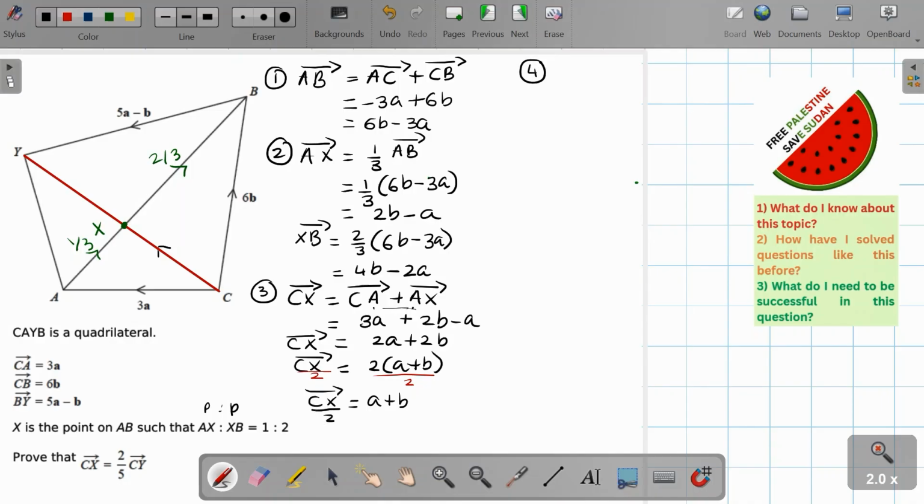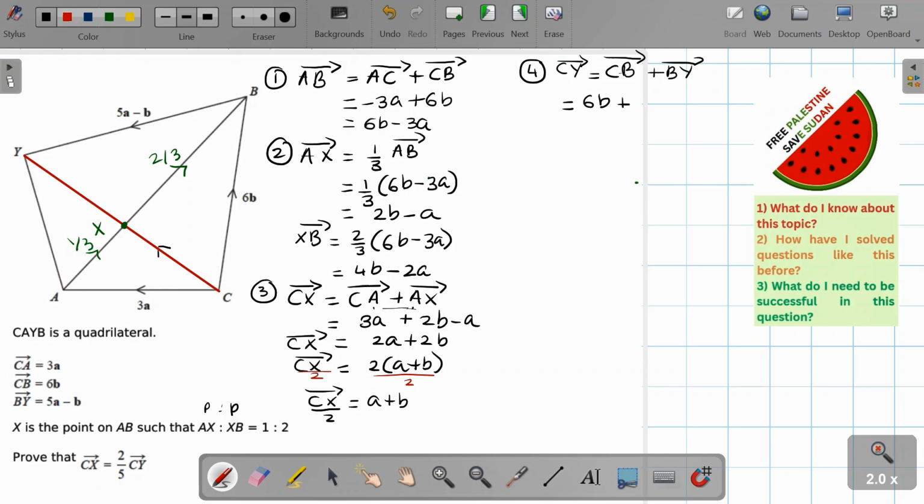Number 4, CY. So the journey for CY is, I'm going to go on a long journey. CB, well, it's not so long. CB plus BY. Sorry, the starting point is C, and the connecting point is B. The ending point is Y. So CB, what's CB? It's 6b.